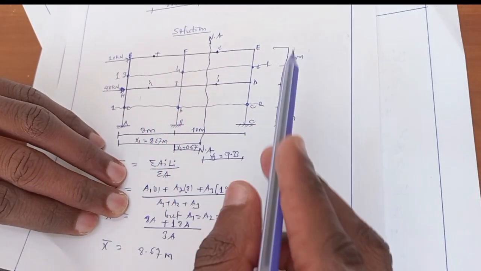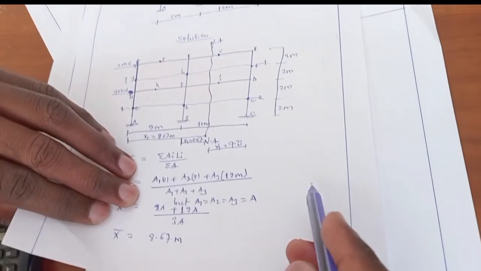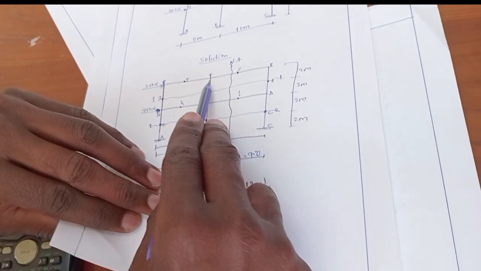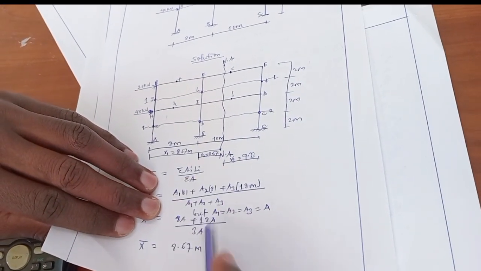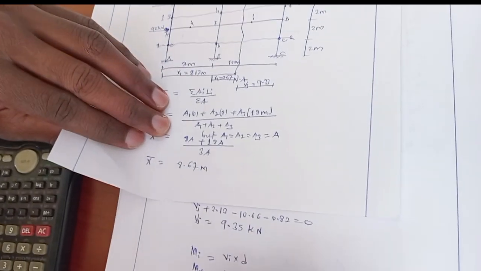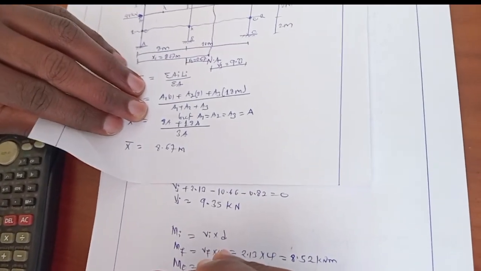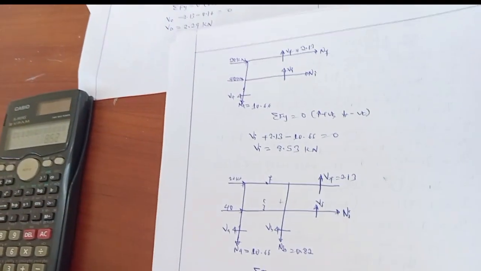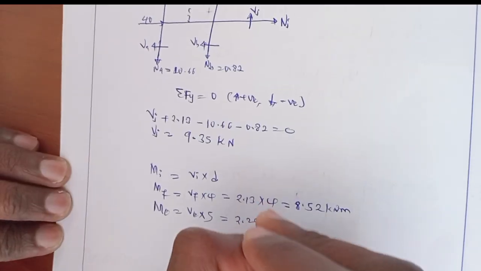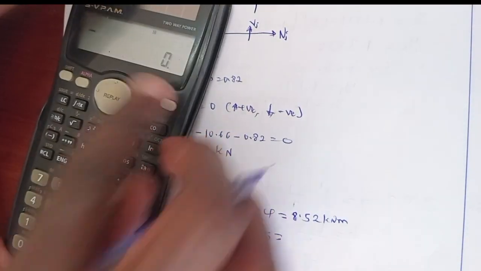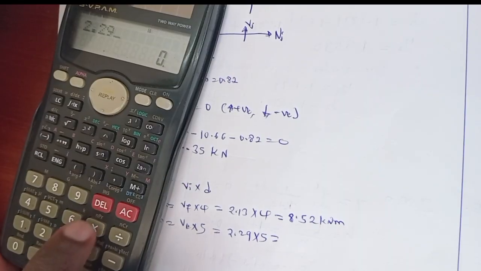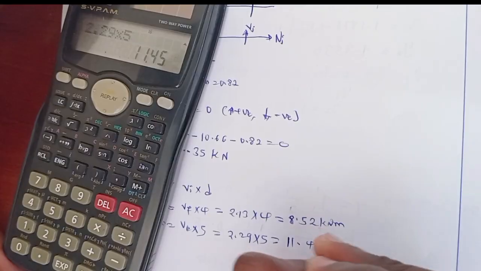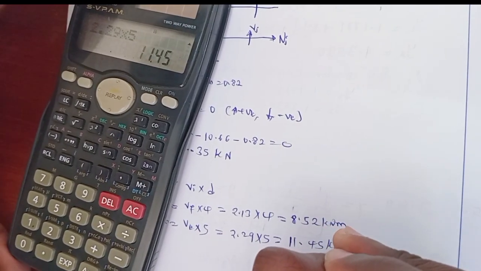Since moment is obtained by taking the shear force times distance from the inflection point to the rigid joint, it will be 5 meters. So 10 over 2, it will be 5. So VE, which was 2.29 times 5, it will be 11.545 kilonewton meter.